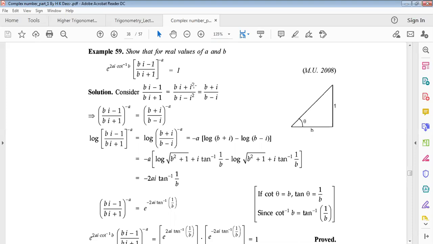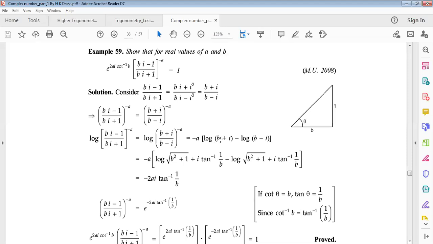Now taking i common in both, we get (b + i)/(b − i). Now raising each term to the power minus a, taking the power minus a on both sides and taking log also on both sides. The power comes before the log, and by the log m/n formula, log m minus log n.